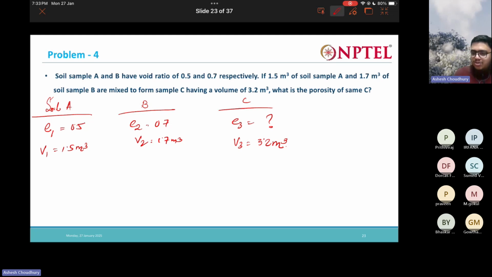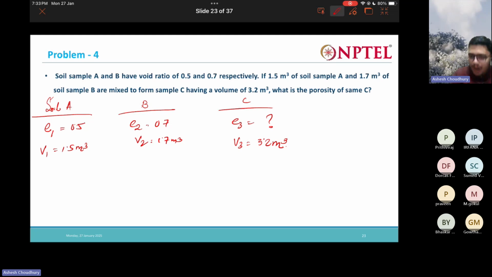The total volume you have is 3.2, correct. Volume of voids, correct, 1.2. Then finally, porosity. Yes, correct. Very good.